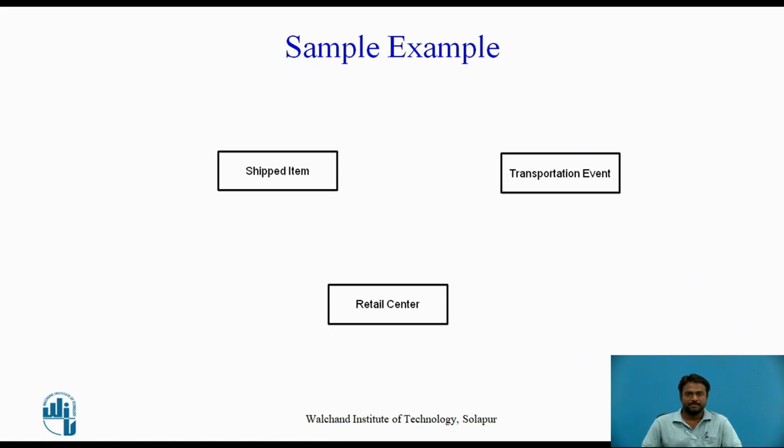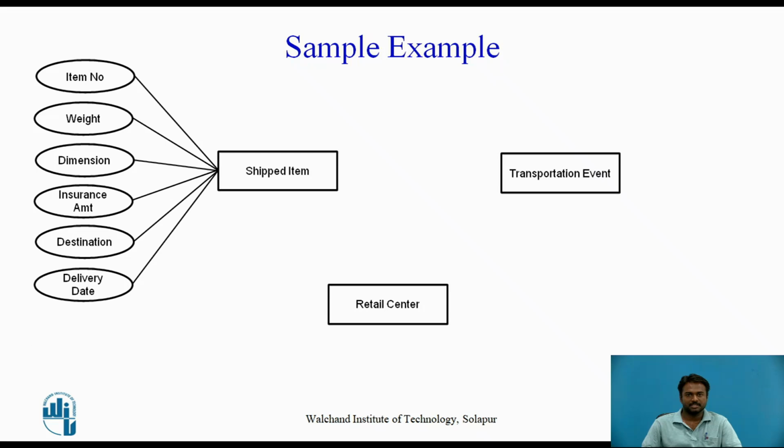Here, shipped item, transportation event, retail centers can be considered as entities because these are unique concepts based on which a data is stored in database. Further, these entities have their properties, that is attributes, as shown here.